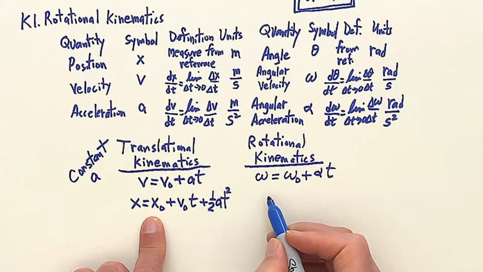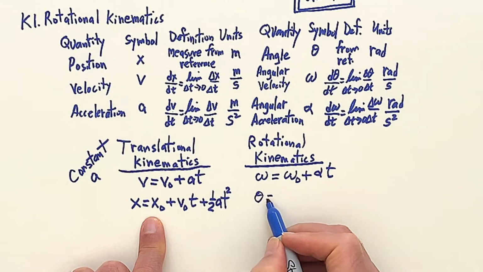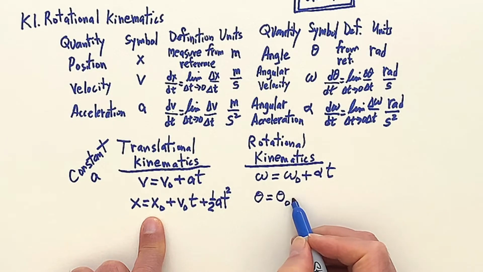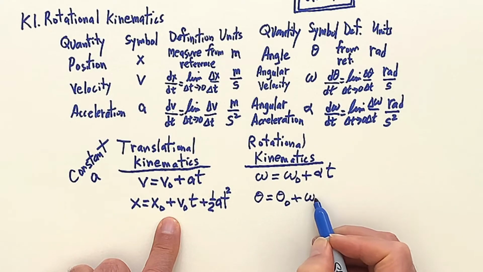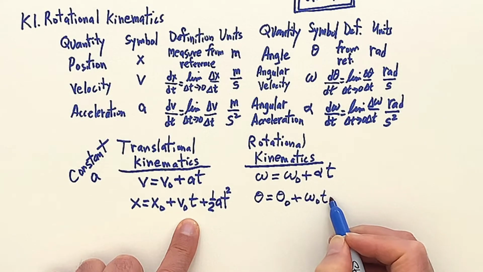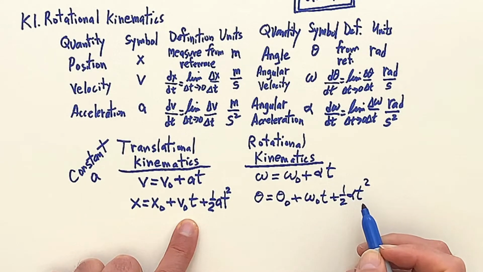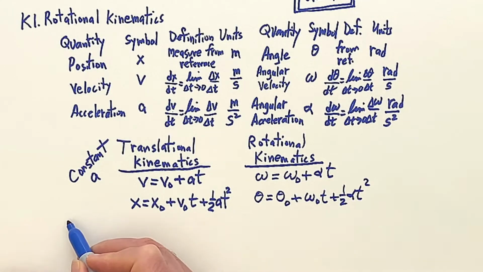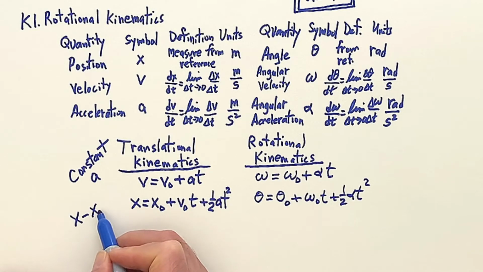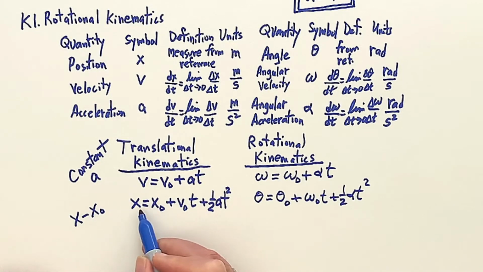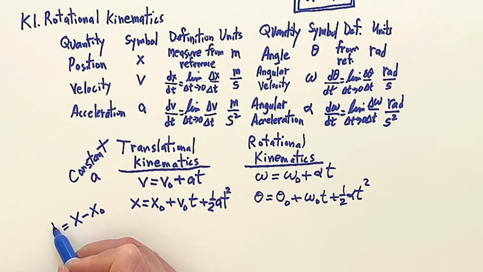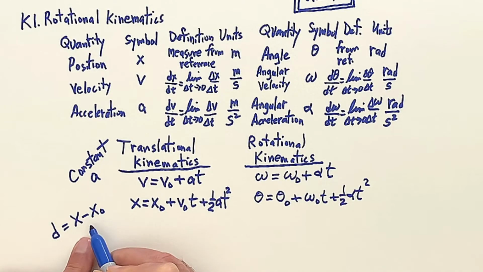So the rotational analog here is theta naught plus omega naught T plus 1/2 alpha T squared. You might recall that when we took X minus X naught, a difference of two positions, we often call that D for distance traveled.